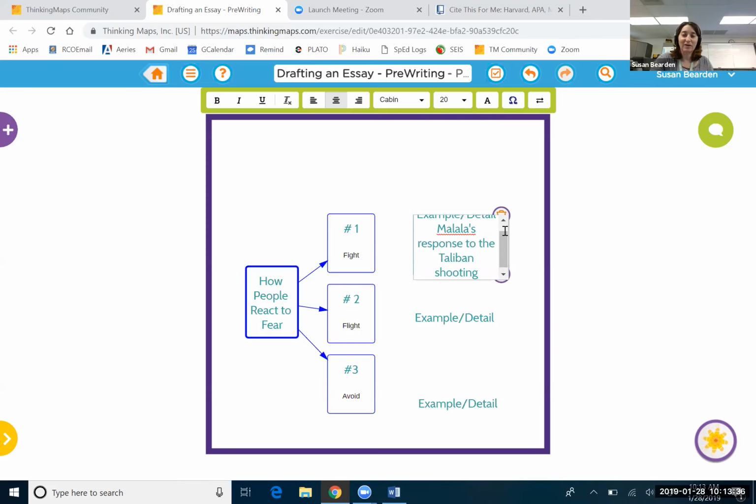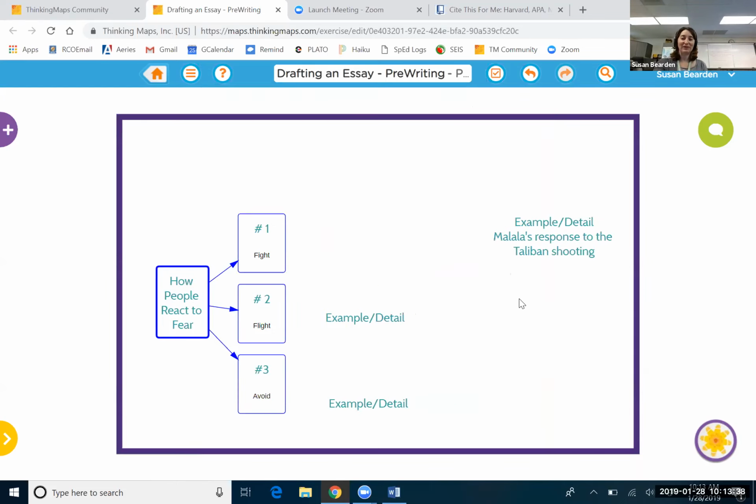There we go. So that's just giving me one example, right? This is how we can create these maps as a way to help us really structure and focus our thoughts specifically on the main 3 topics that we're going to discuss.